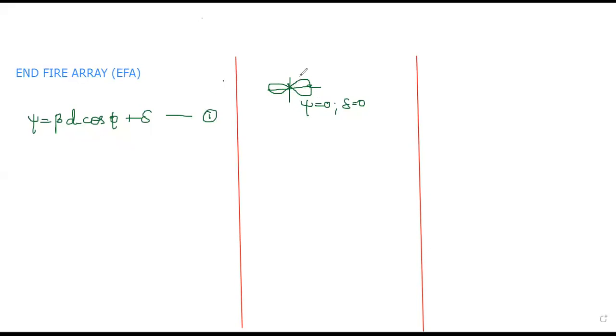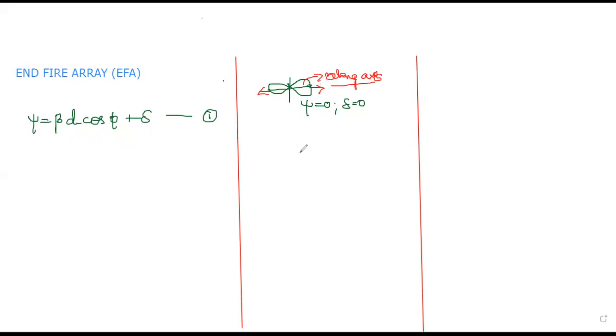Now here, the major lobes are along the axis. Again, when you solve the problem, if it is given as an end fire array, you should be getting the pattern, that is, your peaks should be obtained along the axis direction of your pattern. So that is nothing but the end fire array.